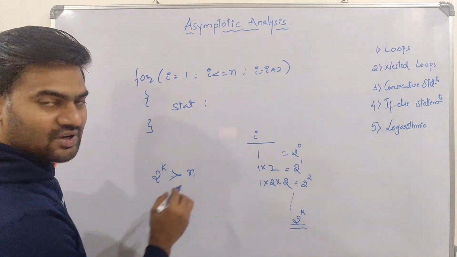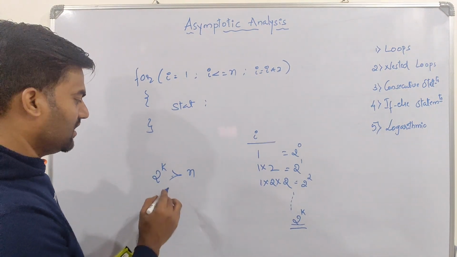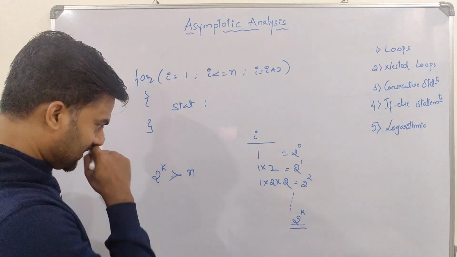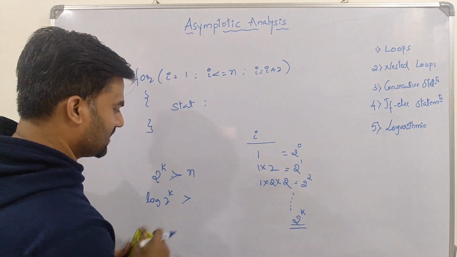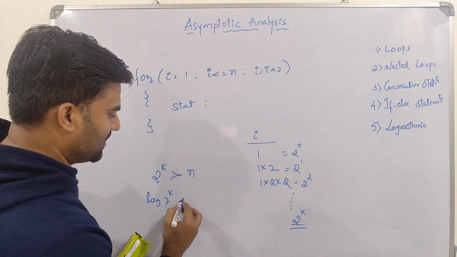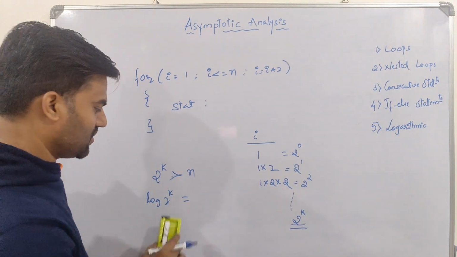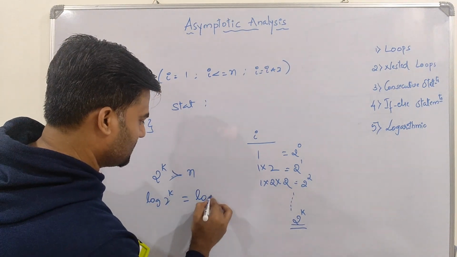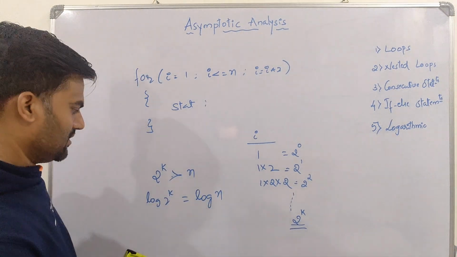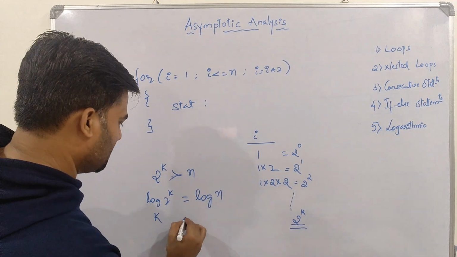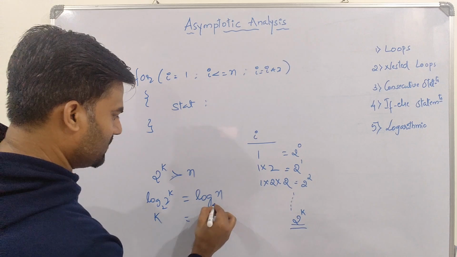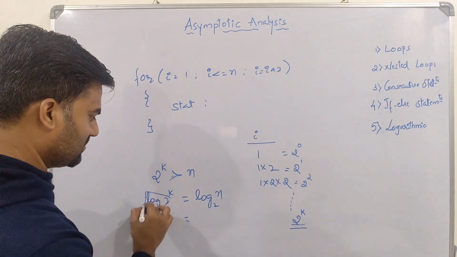If we apply log on both sides, it becomes log of 2 to the power k; let us assume when it became equal to n, it stops, and it is log n. If we apply log to the base 2, this term becomes 1.